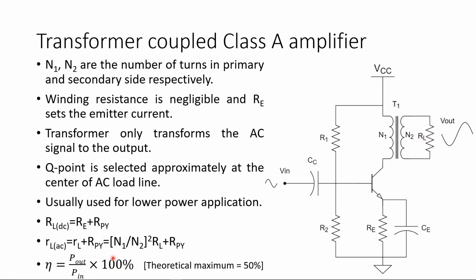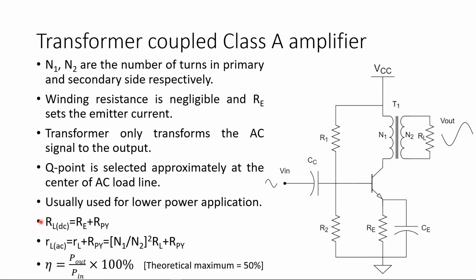So we use the reflected load equation, (N1 divided by N2) whole square into RL, plus RPY. You will see later on that this low resistance value will be reflected towards the collector side, and the value of the reflected load will increase tremendously. So this is the AC resistance and this is the DC resistance.